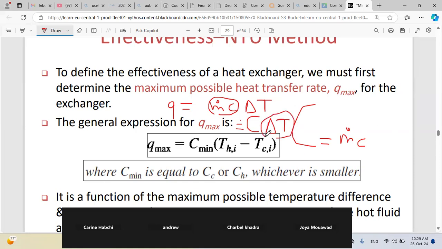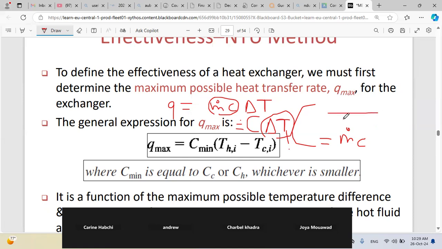Delta T is the difference between the hot and cold temperatures. But we have seen that in case of counter and parallel flow, delta T is varying over the whole surface.